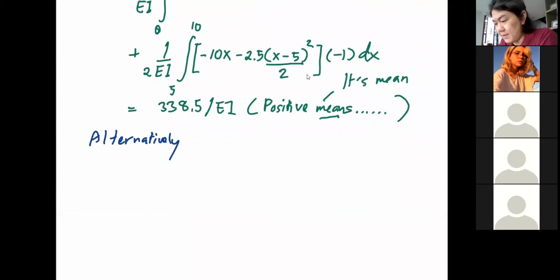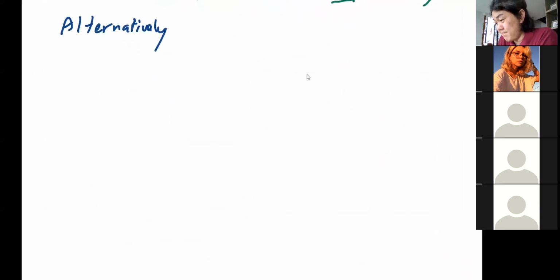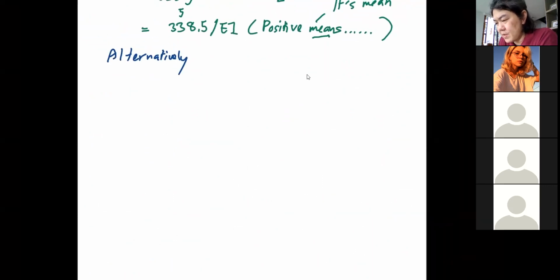You guys can see the picture of the beam somewhere, right? I can't move up that far. Portion BC, our big M is going to be minus 10x.